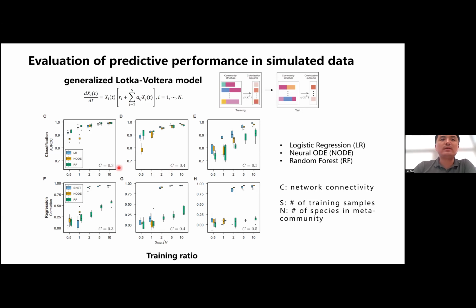But we also tune this C, which is the connectedness of the network. Not all species have interactions, right? So if you believe the interaction network is sparse, then of course it's easier to make predictions. If you have more non-zero strong interactions, then you need more data to have a better prediction. So that's all very reasonable.